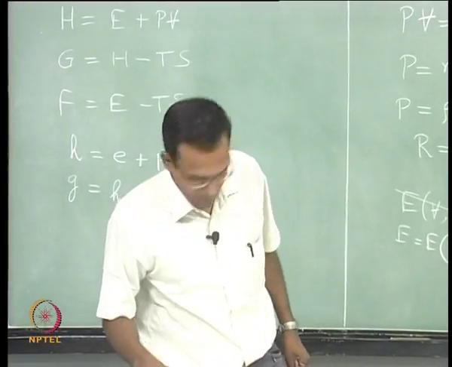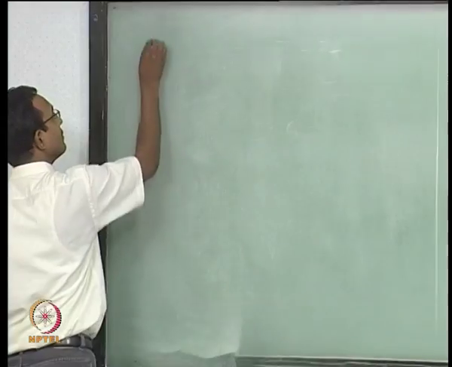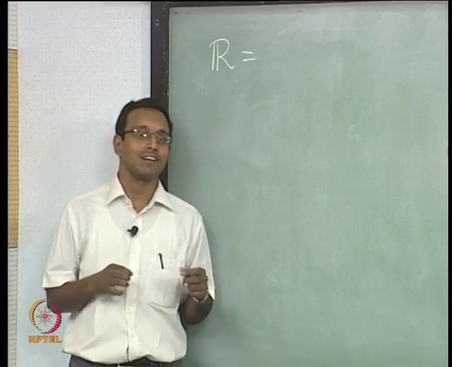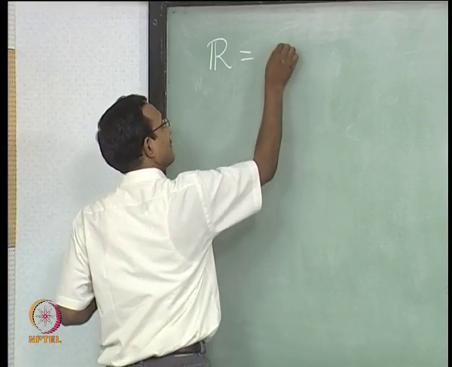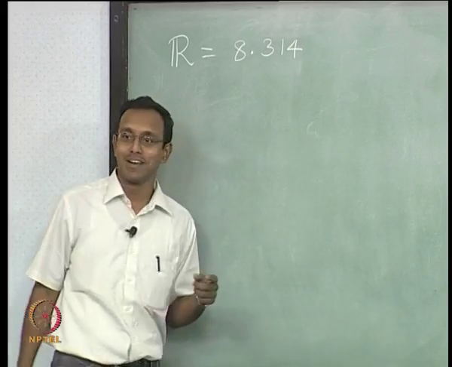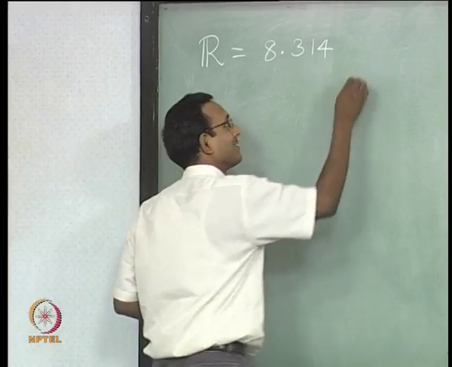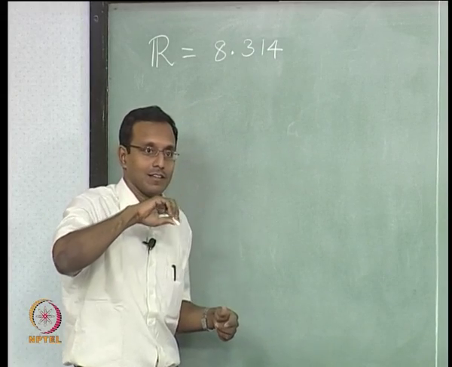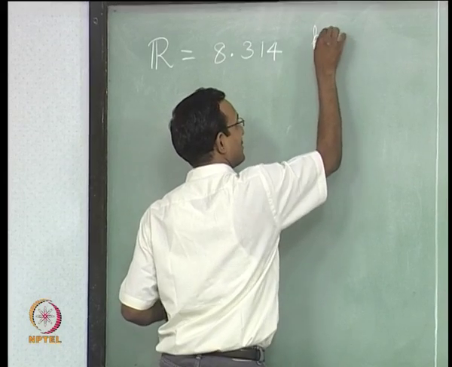Now we will just have to give some relations between various variables. What is the value of the universal gas constant R? If I write a number, I need units for this, unless it is a non-dimensional parameter. I will write whatever I hear first.